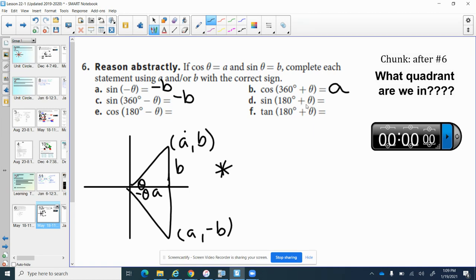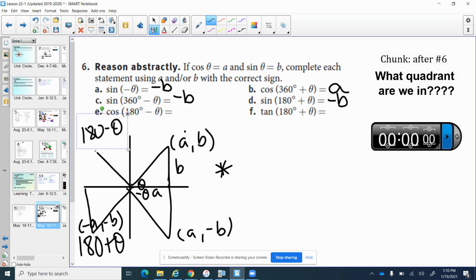180 plus theta is quadrant 3. And we know that both sine and cosine are negative here, right? Negative A, negative B. So the sine would be negated from what it was in quadrant 1. Cosine of 180 minus theta, well, 180 minus theta is quadrant 2.